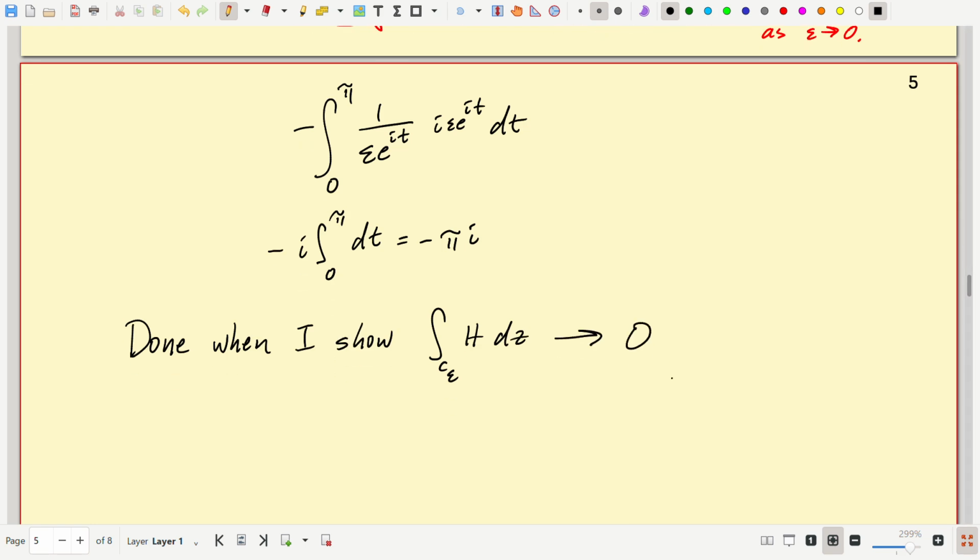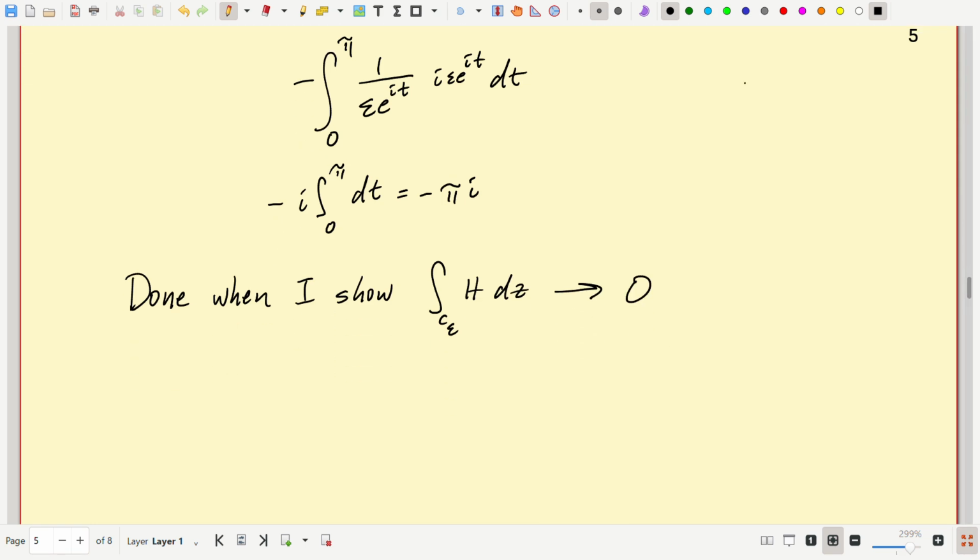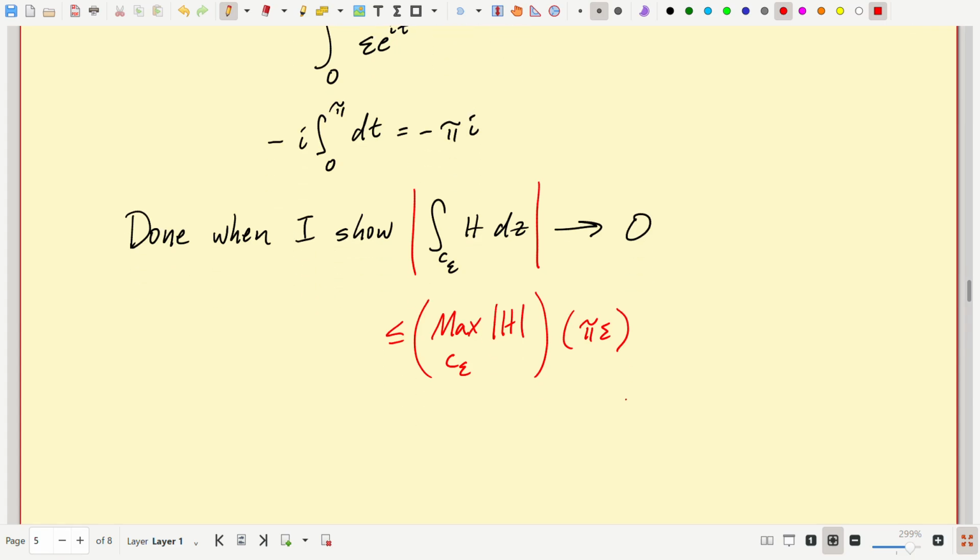And that's easy because if I take the modulus, that would be less than or equal to the max of h on the circle times the length of the semicircle, pi epsilon. And since it's continuous at 0, I can bound that.